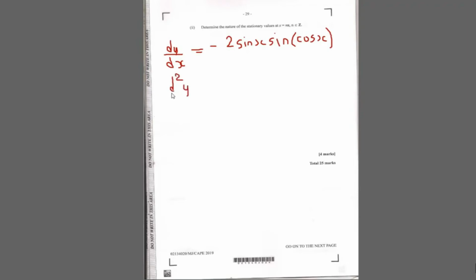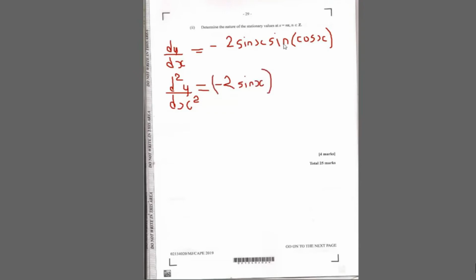So d2y by dx squared is going to be equal to, we're going to have to use the product rule. Keep the first, minus 2 sine x, multiplied by the derivative of the second.